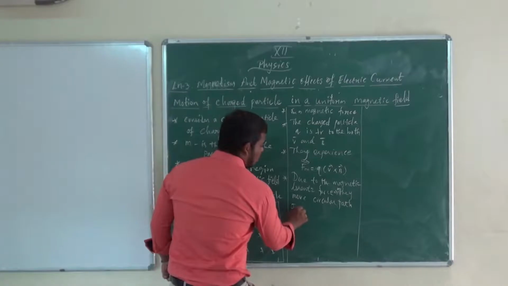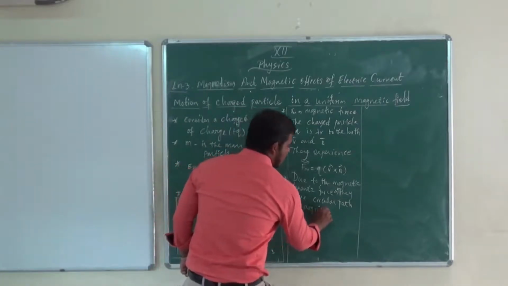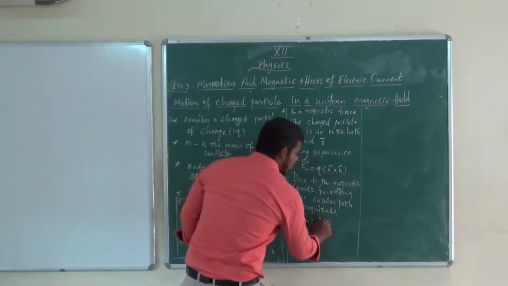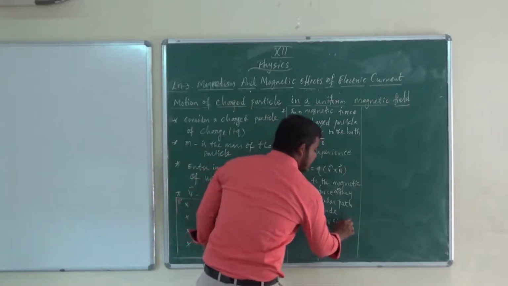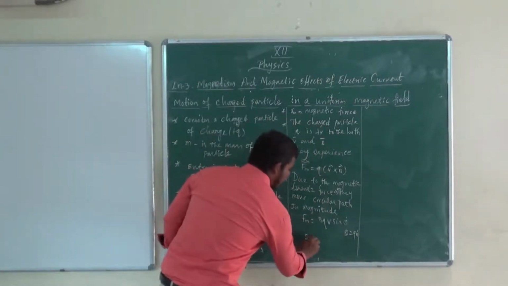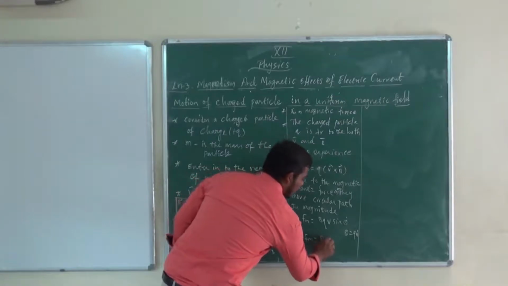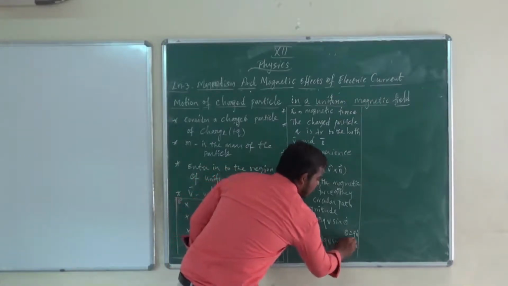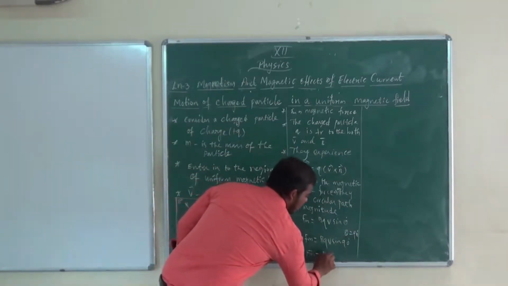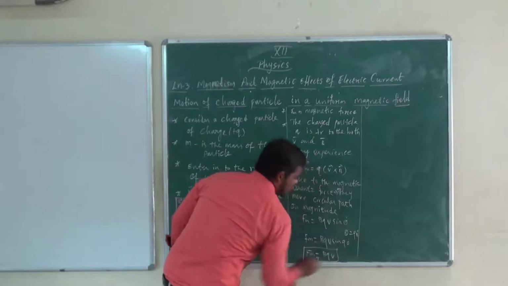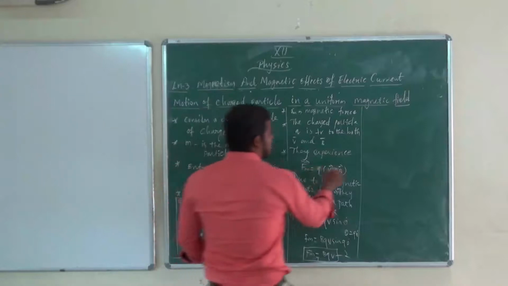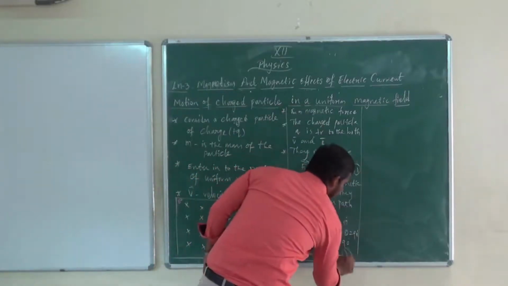In magnitude, Fm equal to BqV sin theta. Theta is considered to be 90 because they are perpendicular. So Fm equal to BqV sin 90. The trigonometric value of sin 90 is 1. So Fm equal to BqV, the magnetic Lorentz force. This is equation number 2, and the vector form is equation number 1.